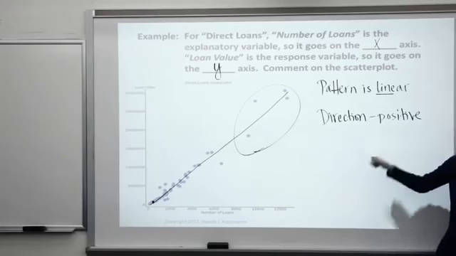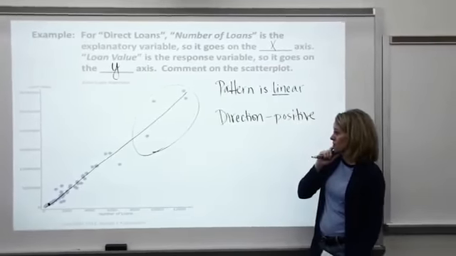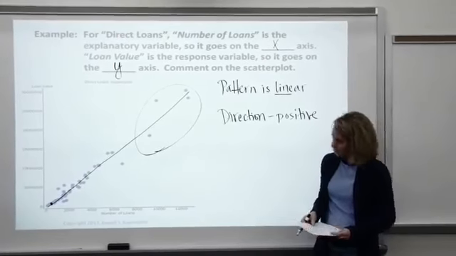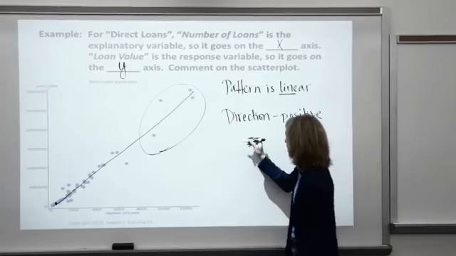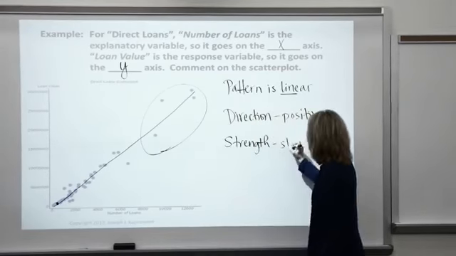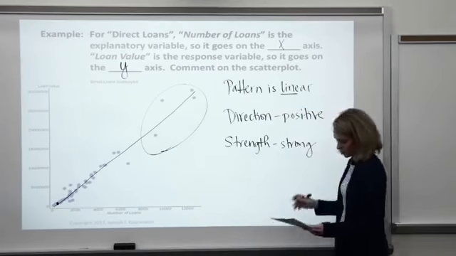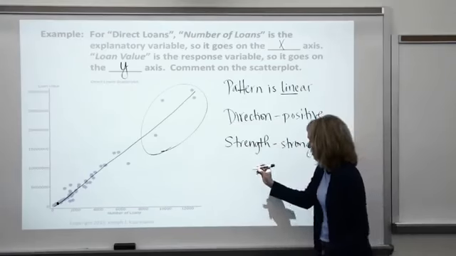And that just means, if you're taking notes here, that as the number of loans increases, so does the loan value. The strength is pretty strong because those points are pretty close to the line. So the strength of the relationship is fairly strong. And we could say that the couple of larger schools here are outliers.